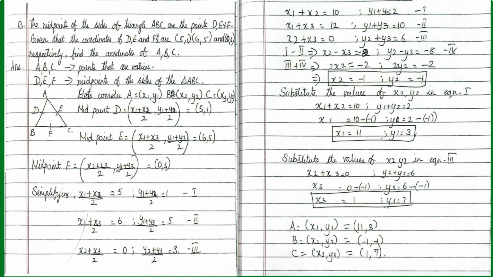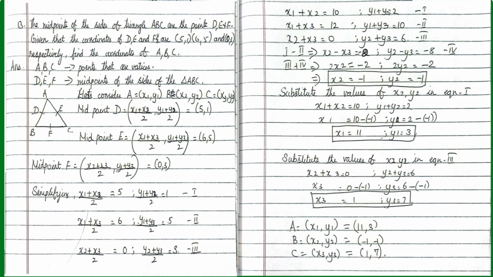Using the midpoint formula, midpoint D is equal to ((x1 + x2)/2, (y1 + y2)/2). What are x1 and x2? They are the x coordinates of A and B. The value of D is already given to be (5, 1). Similarly, we give the values of midpoint E. Where does E lie?